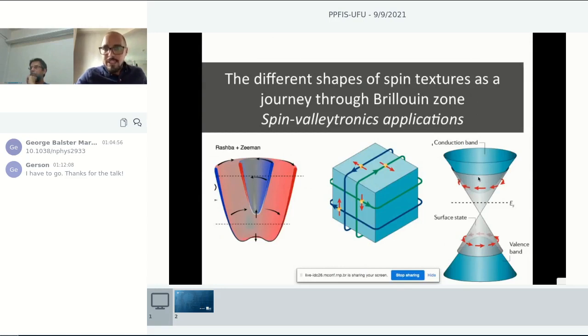Is the spin texture, this kind of spin polarization, a consequence of a functionality like the topological protection, or is it something related with the electric field? What is the physical mechanism behind this kind of behavior? This is the first question, and I'm going to try to relate this kind of spin polarization and behavior with the symmetry.